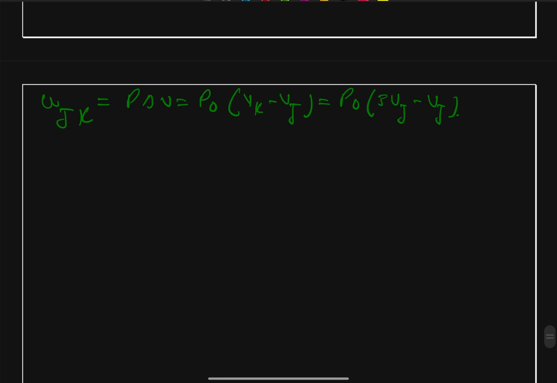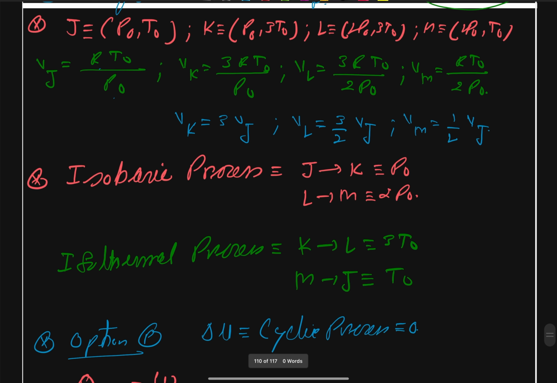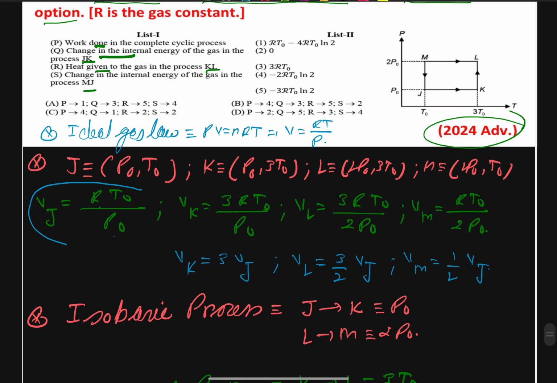So we can write that W JK will be equal to 2 times P naught Vj, but this Vj we can write in terms of the ideal gas law as R T naught upon P naught, because this is our Vj. Here P naught and P naught cancel out, so this comes as 2R T naught.